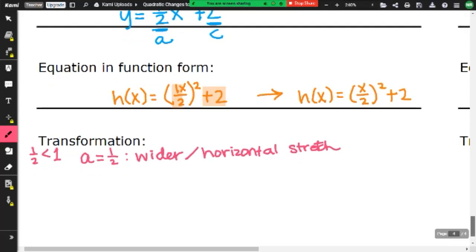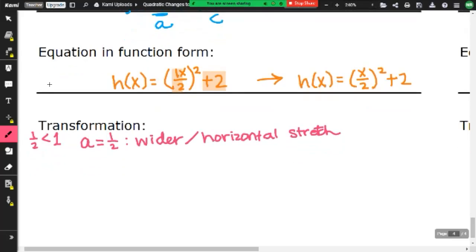There should be a T in front of. All right, the value of C. The value of C changed to the number 2. How does the number 2 compare to the number 0? Greater. So if it's greater, what happens to the parabola? It shifts which way? Up. It shifts up 2 units.